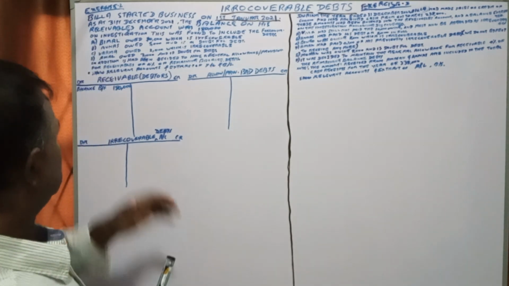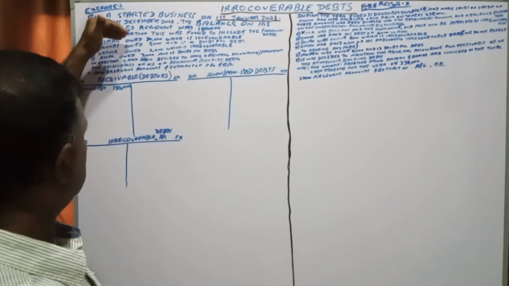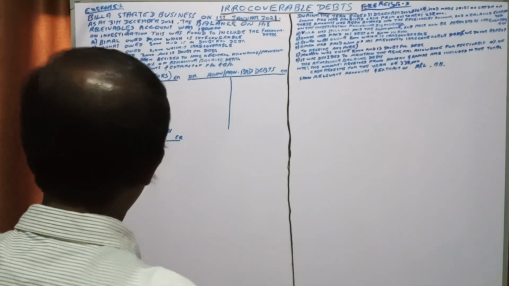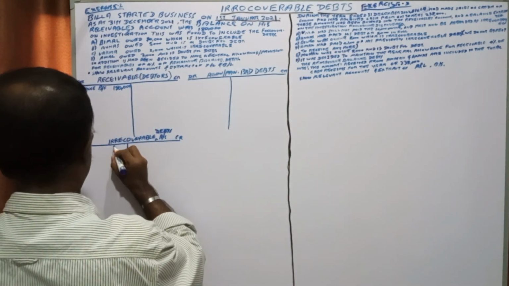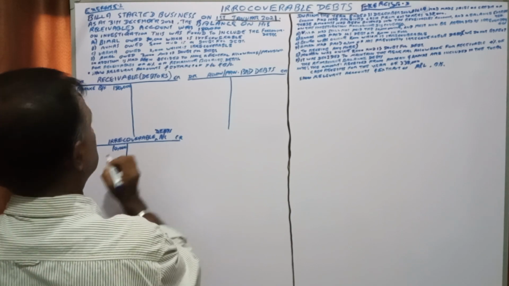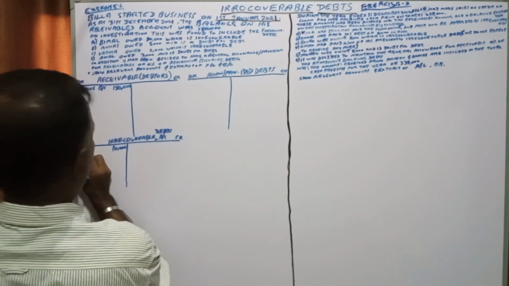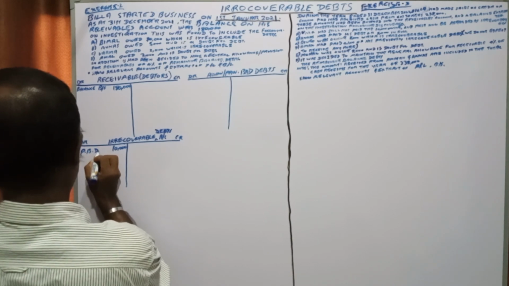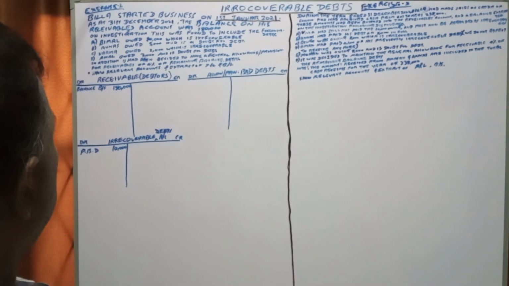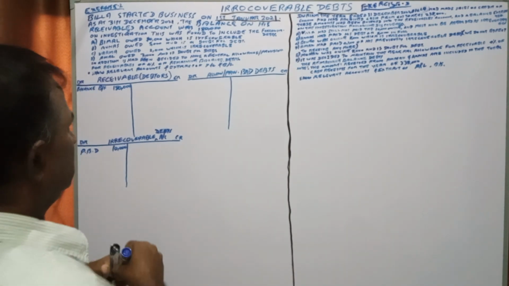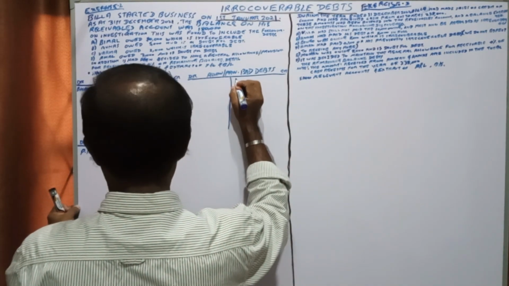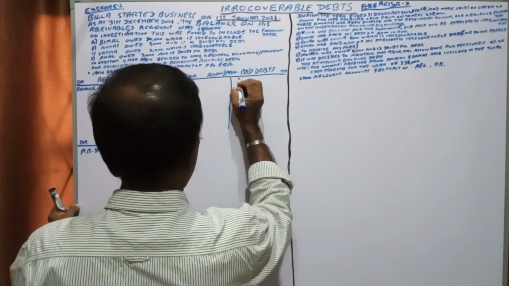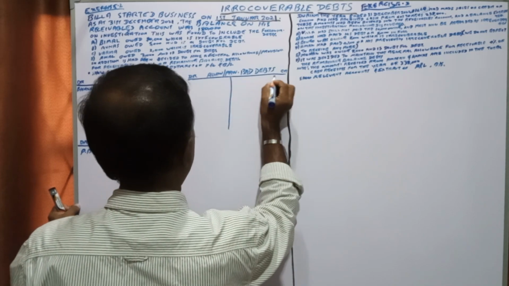So for the first transaction, Bimal owed 10,000, which is irrecoverable: irrecoverable account debit 10,000, and the allowance or provision for bad debts account has to be credited 10,000.